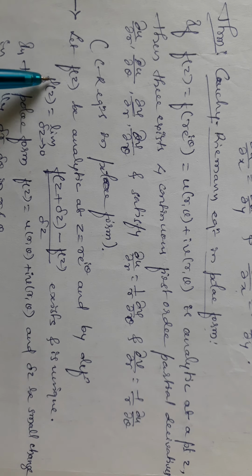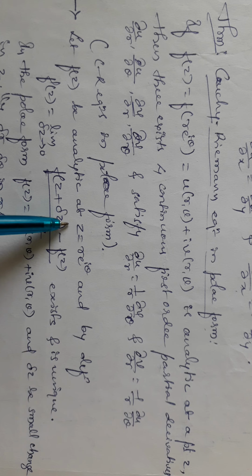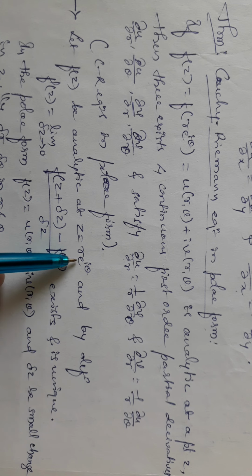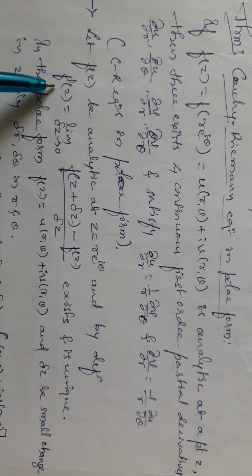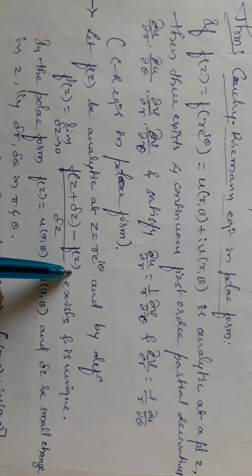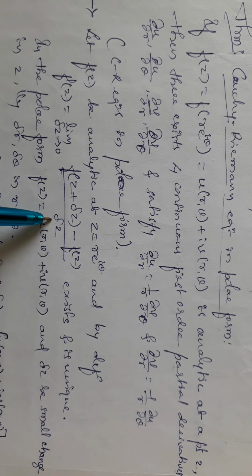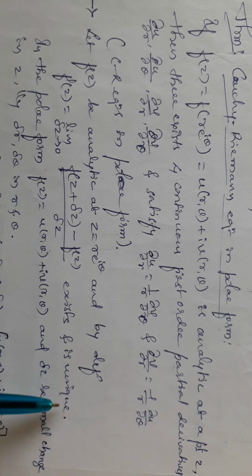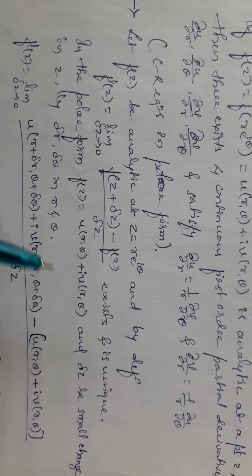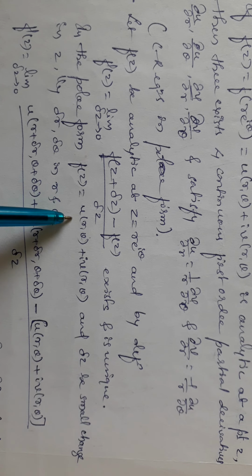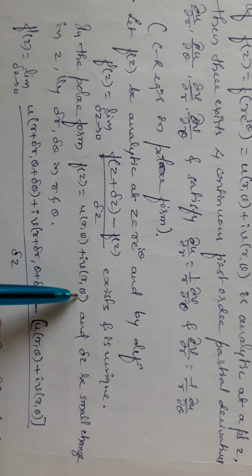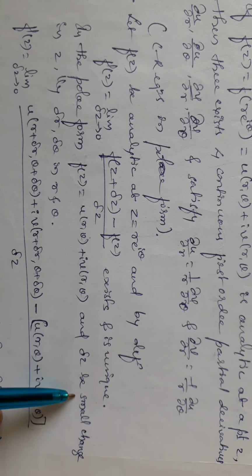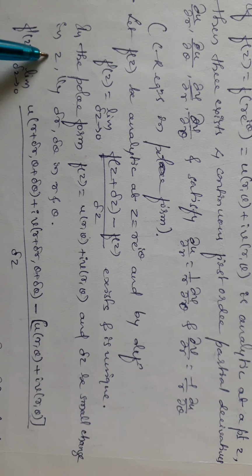Proof: let f of z be analytic at z equal to r into e to the power i theta, and by the definition we have f dash of z equal to limit delta z tending to 0, f of z plus delta z minus f of z divided by delta z, which exists and is unique. In the polar form, f of z equal to u of r theta plus i into v of r theta, and delta z is a small change in z.